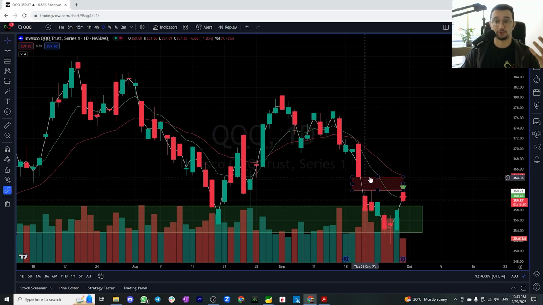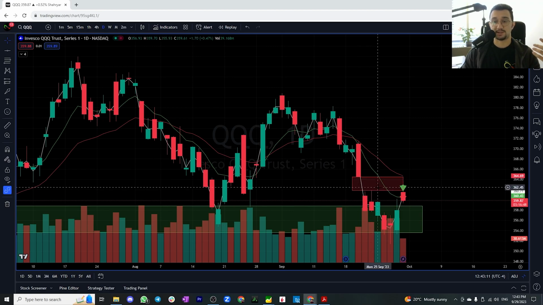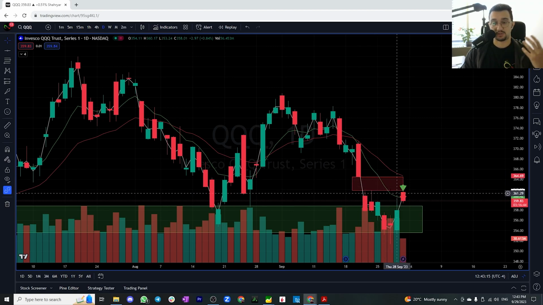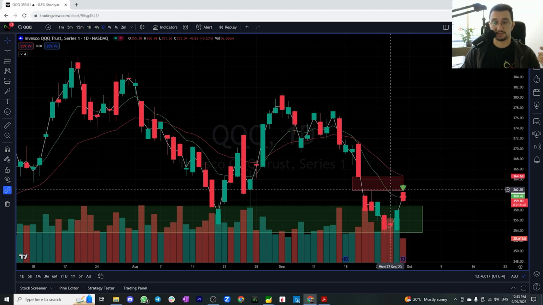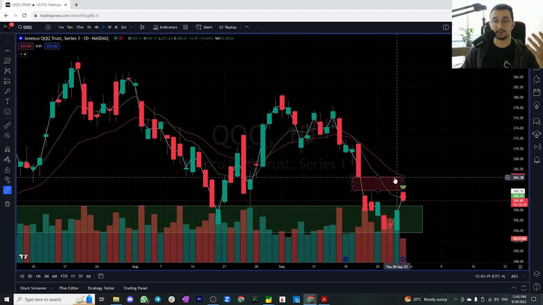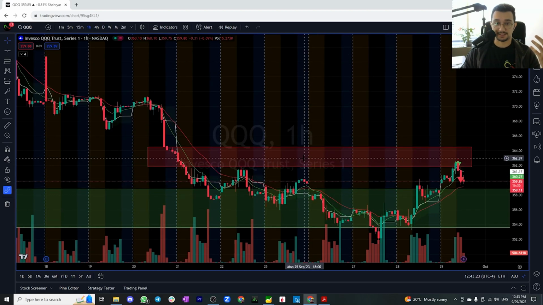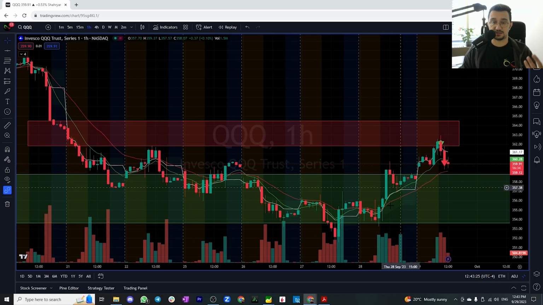Again, it's another zone, right? It's another zone that if sellers can control, they can push the price back down, but if buyers can control this zone, they can push the price back up all the way up to 364, 365, right? So in this example, you see this zone was a demand zone and bounced the price back up. This zone was a supply zone and pushed the price back down, right?